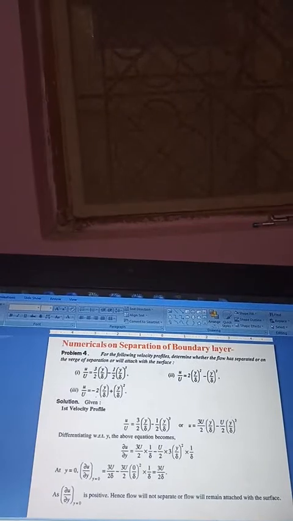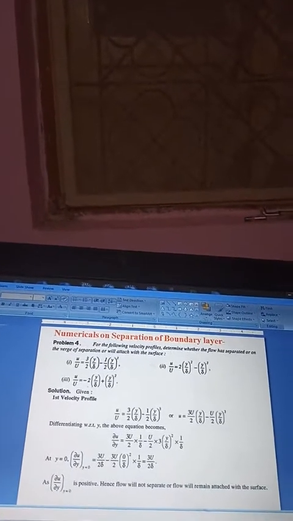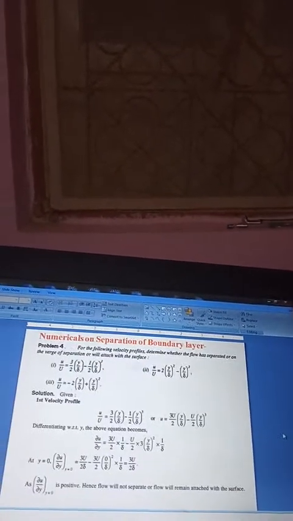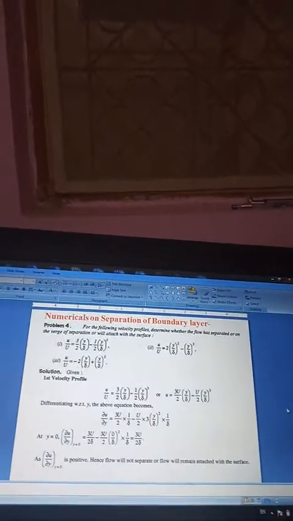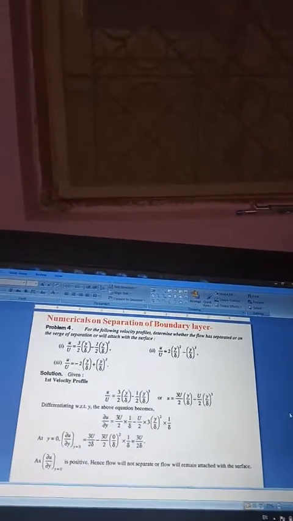You just have to look at the velocity profile and take the velocity u in terms of the capital U, y and δ. So in the first case, u is equal to 3U/2 times y/δ minus U/2 times (y/δ)³.